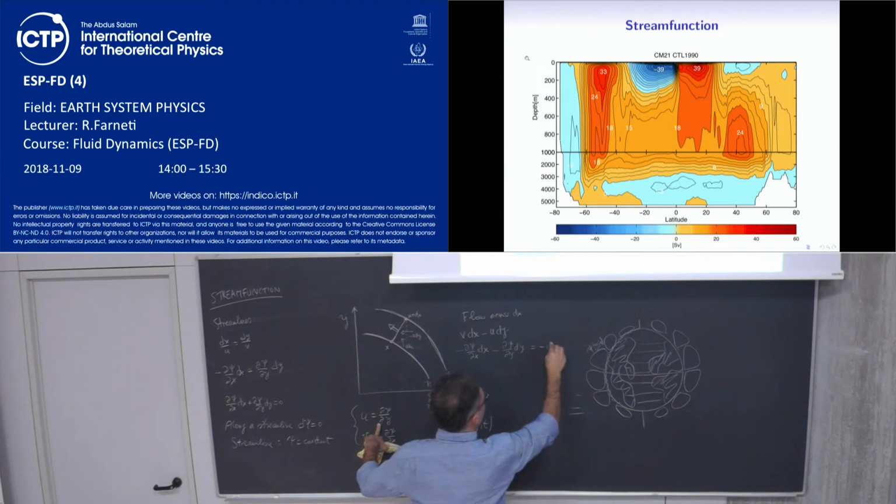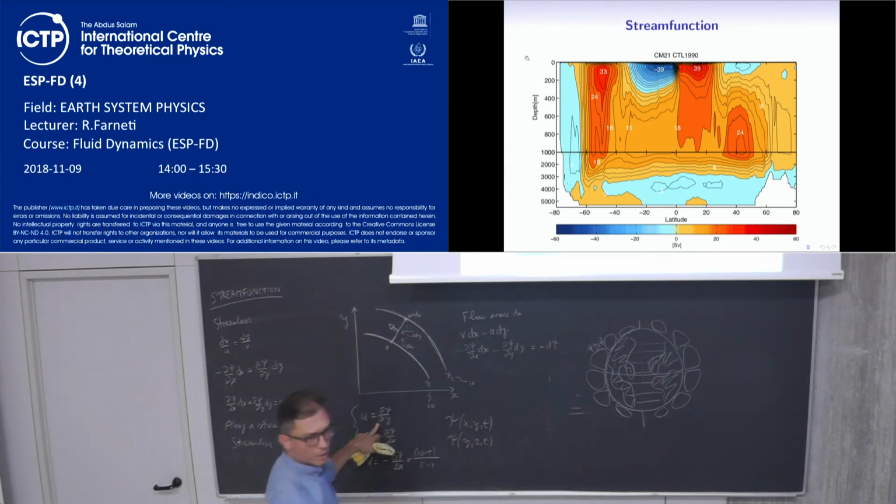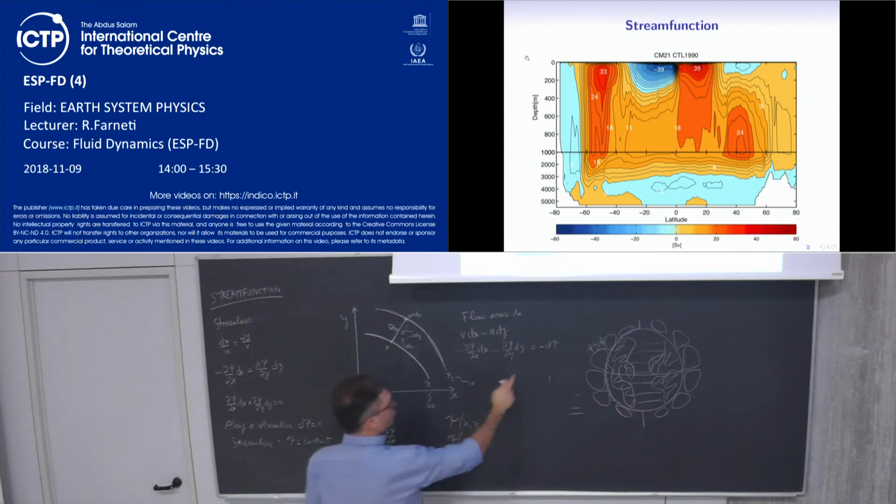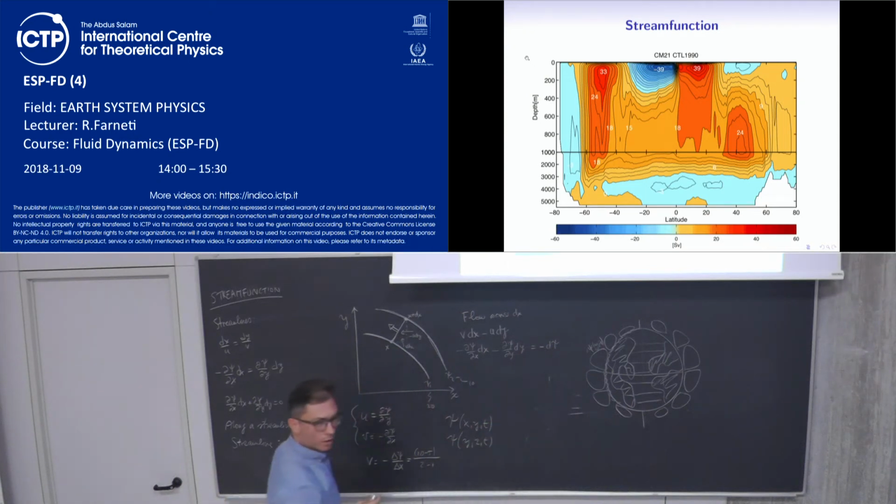This is minus dip psi. So the flow across the dx is just the difference between the two stream functions bounding the dx.